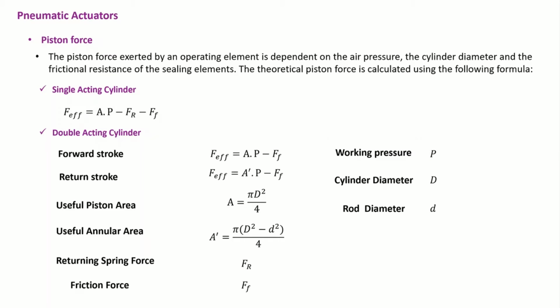But when we are dealing with the return stroke, we have the area of the piston and the rod connected to it. Therefore A prime is equivalent to pi times d squared minus lowercase d, which is the diameter of the rod connected to that piston, over 4. So the effective force for the forward stroke and the return stroke is going to be different.